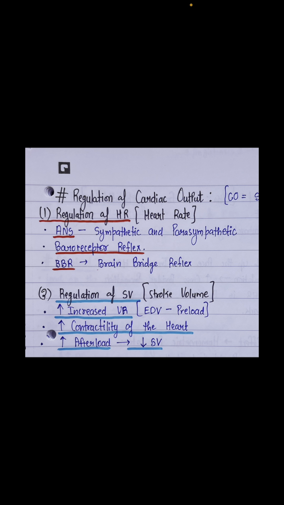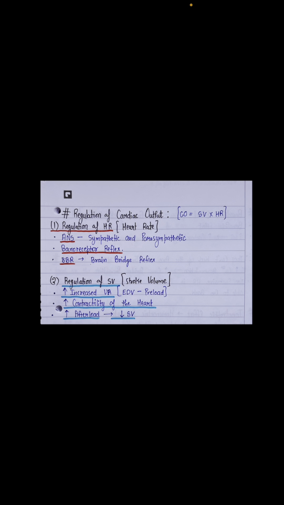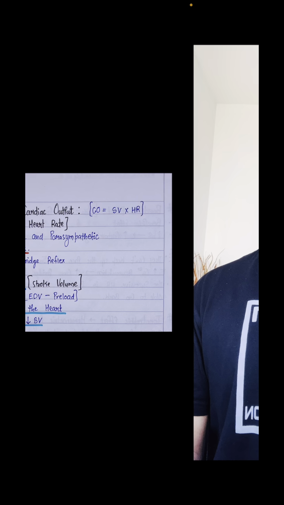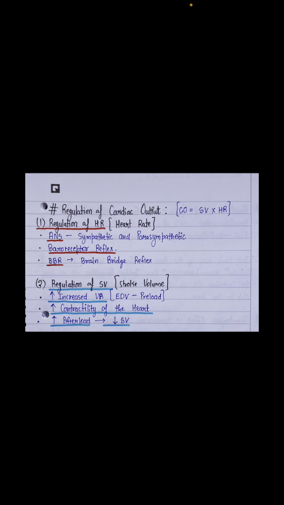Because more blood is coming into the chamber of the heart, it will lead to more cross bridge formation, which will lead to increased sensitivity of troponin C to calcium. So this is basically the Frank-Starling law. No need to remember a lot about it, it's just for the introduction portion.